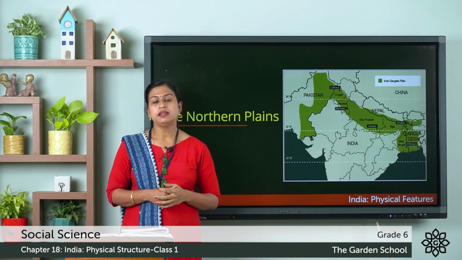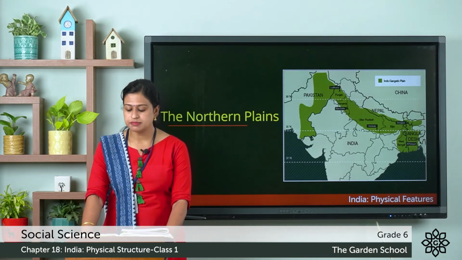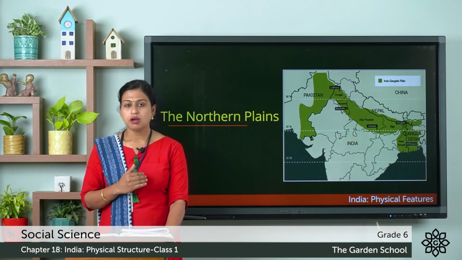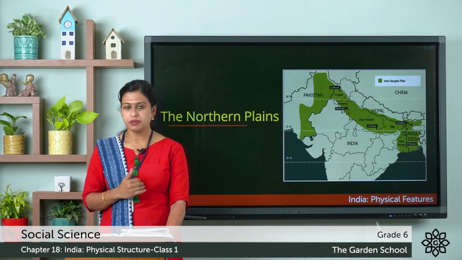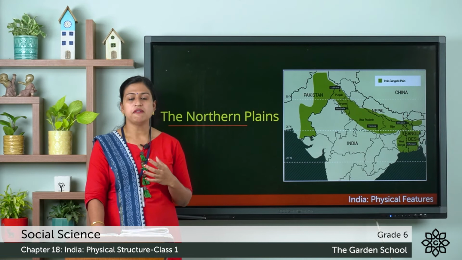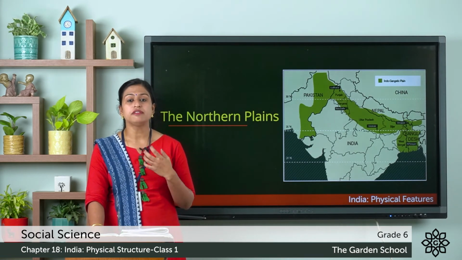This northern plain is flat everywhere, and the total length of these plains is about 2400 km, and the width varies between 150 km and 320 km. Now these are very fertile and good for growing different types of crops.